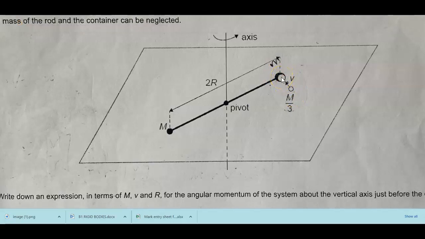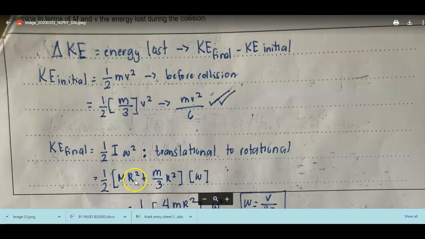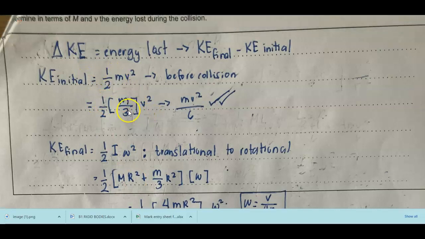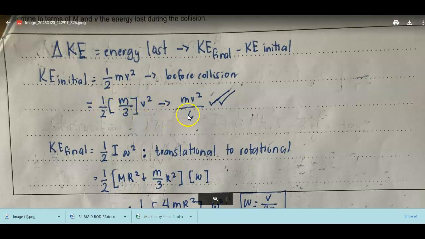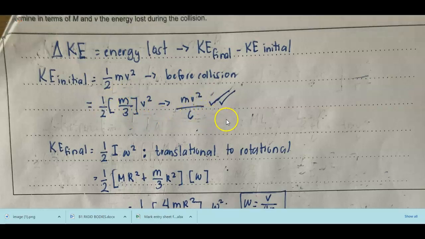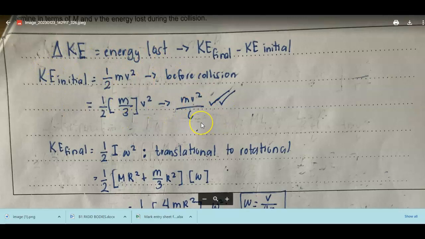It has one dimension. Therefore, using 1/2 mv squared, we just replace m here with m over 3, which is the mass of the point particle. Simplifying, this gives us mv squared over 6. This is the kinetic energy initially.